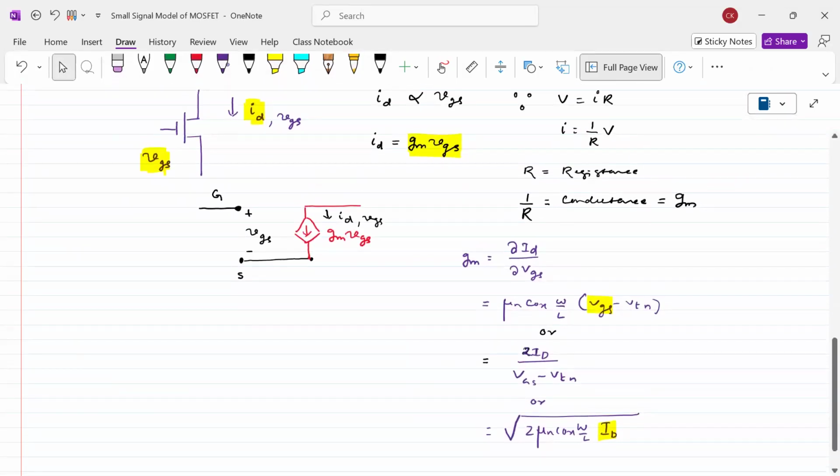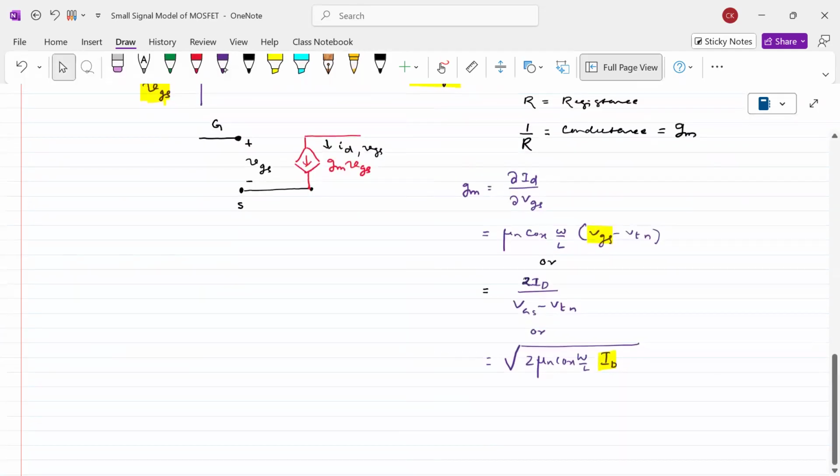So simply this is what we can call the drain. Forget for the time being the body importance here. This is the small signal model of an nMOS transistor.